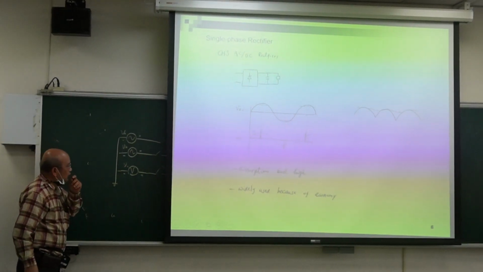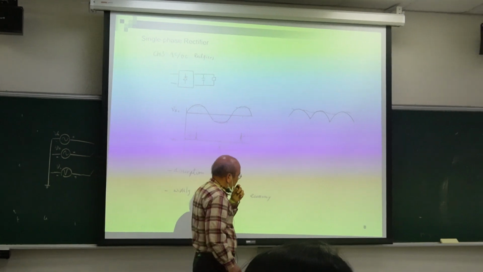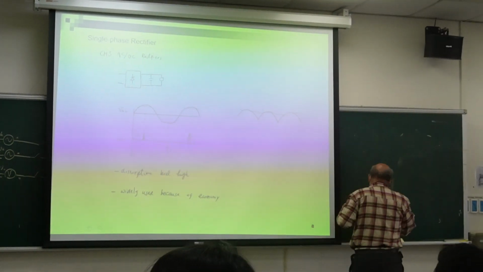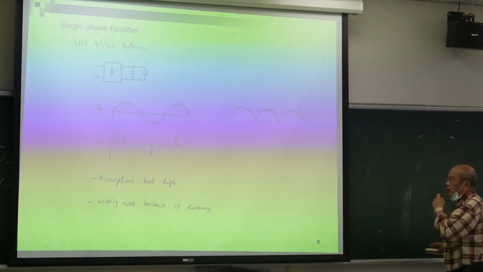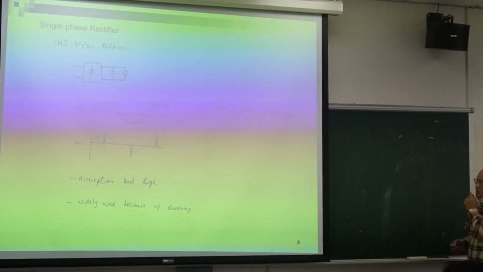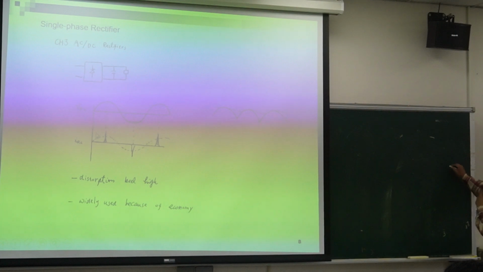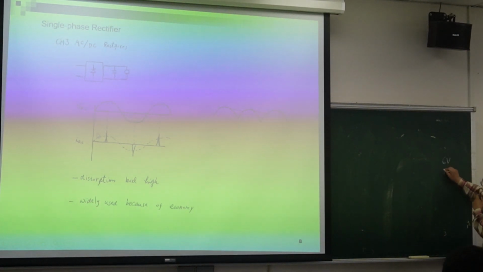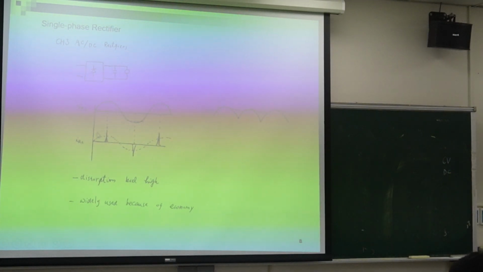Okay, so now we go back to single phase. If you have a charger to charge your cell phone, what do you need? Maybe you need 6 volt DC, right?